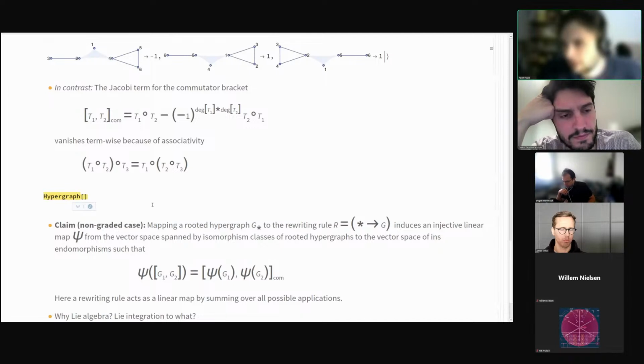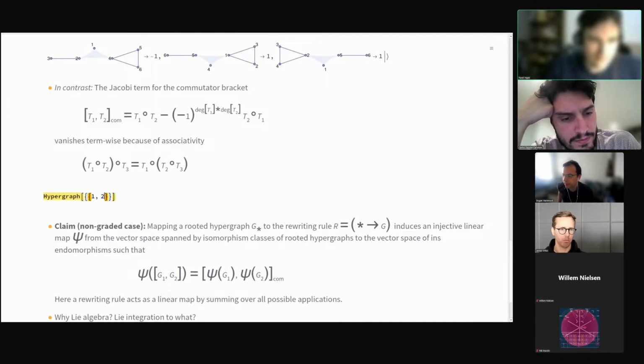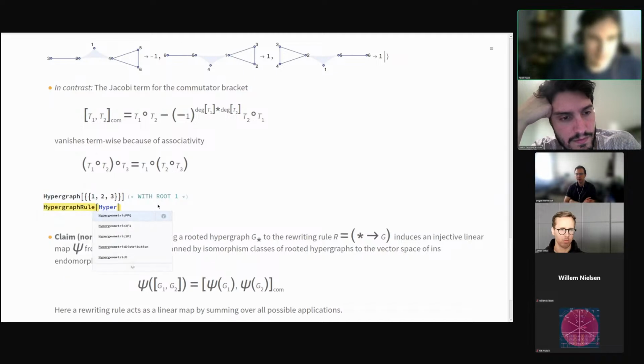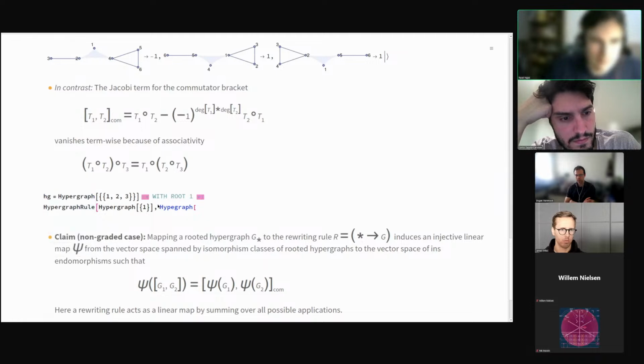But if I have, for instance, this hypergraph 1 to 3, and the root is 1, then the corresponding hypergraph rule is just the hypergraph on the vertex 1, with no hyperedges, mapping to this previous hypergraph.